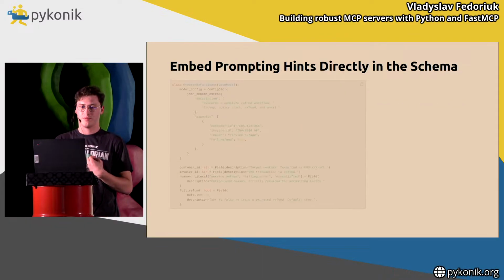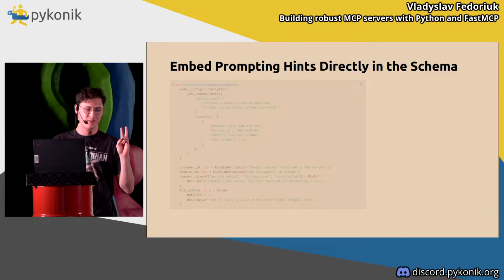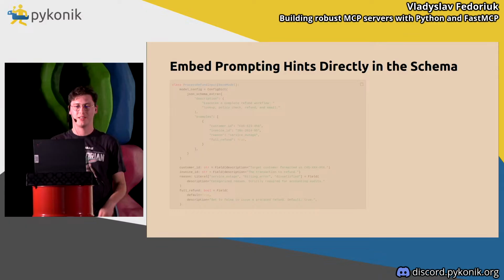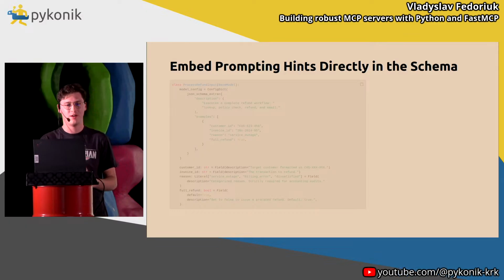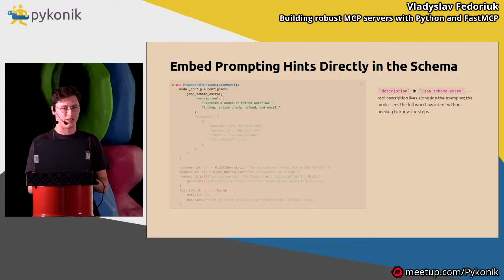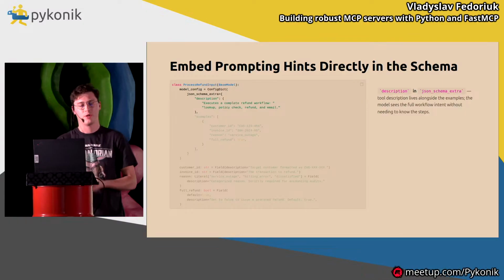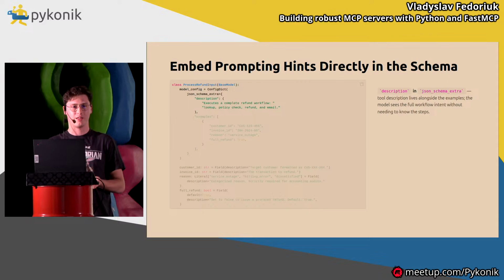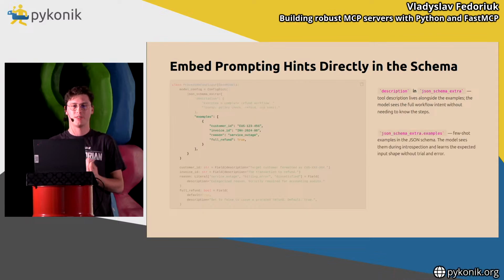And there's also, you could embed those kinds of micro prompts inside your JSON schema. And coming back to pydantic models, one way of doing that is by JSON schema extra, where you could provide a description of the data your tools accept, as well as a few short examples.